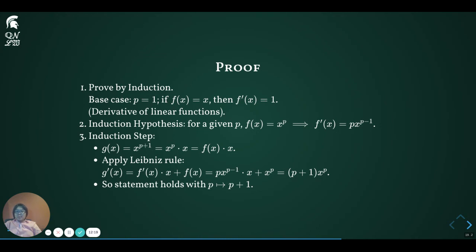So this gives p times x to the p minus 1 times x plus x to the p, which add up to p plus 1 times x to the p. And so the statement holds for p that is 1 greater, and by induction, the power rule is true.